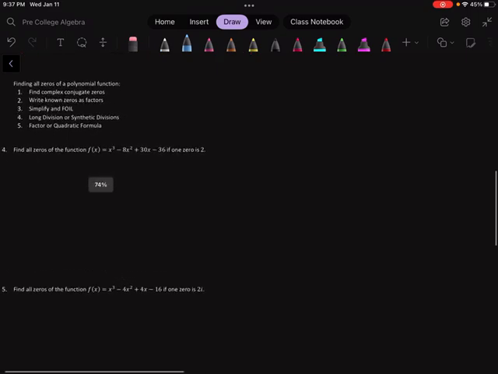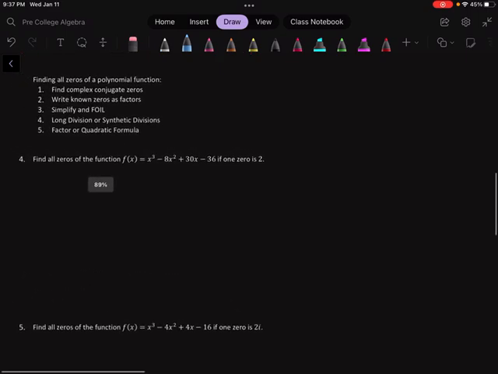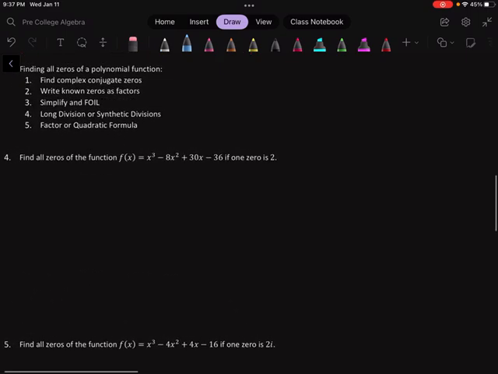So finding all the zeros of a polynomial function if we're given 1 zero. Last time we did it, everything was a nice real number. There were no radicals. There were no fractions. There were no complex numbers, right? Well, today we have complex numbers.